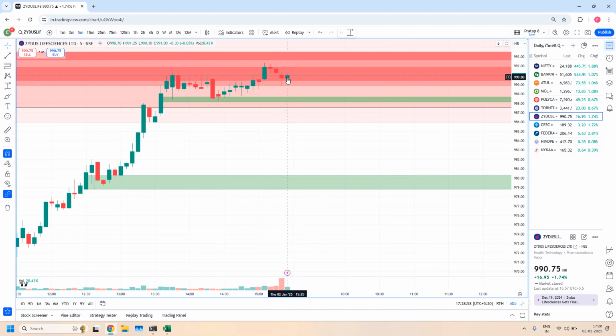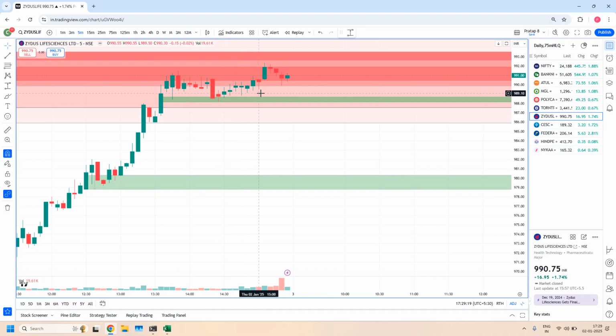In case you closed your trade in the last 5-10 minutes, probably you might have got a little loss, whatever taxes you have to pay. In case you are holding, and you don't realize in this area, it is already 14:45.